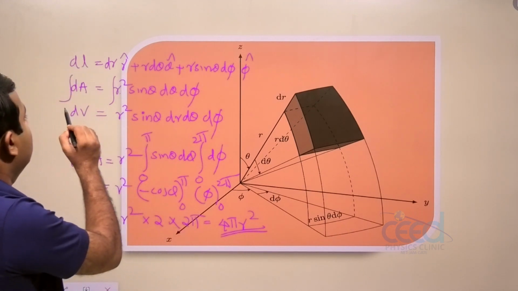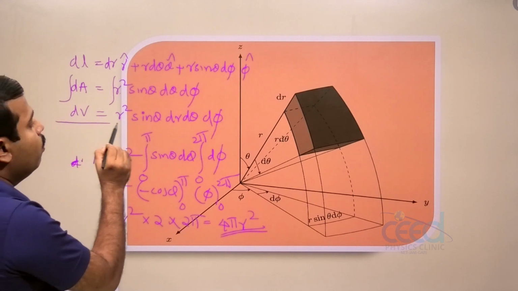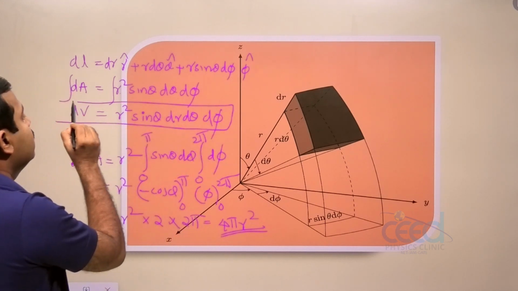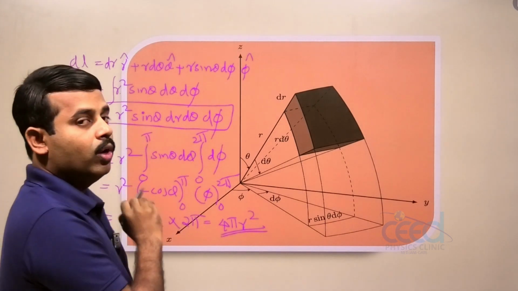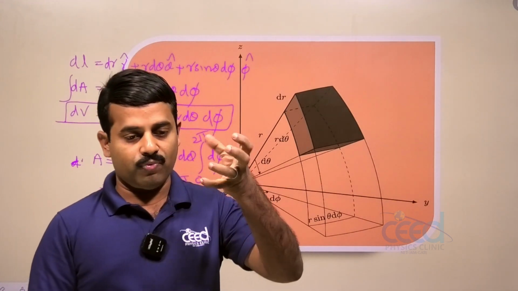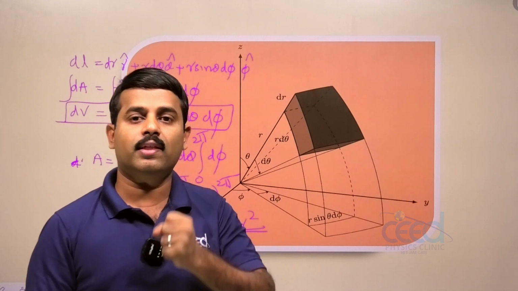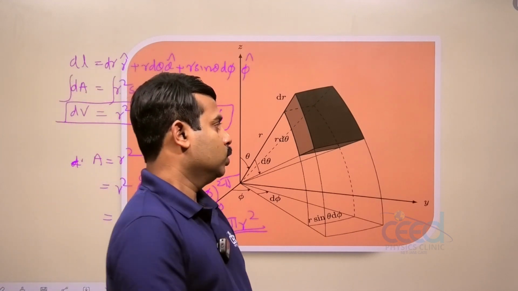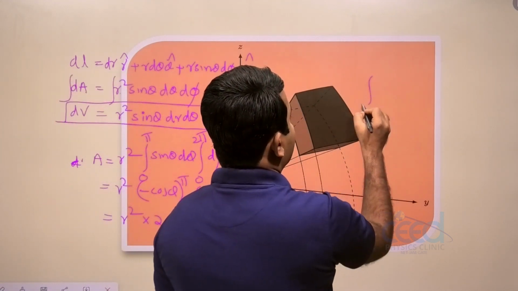So this is the area element. Now by integrating these, are you getting the volume or not? You know the volume of a sphere is what? 4 by 3 pi r cube. So what is integral dV?